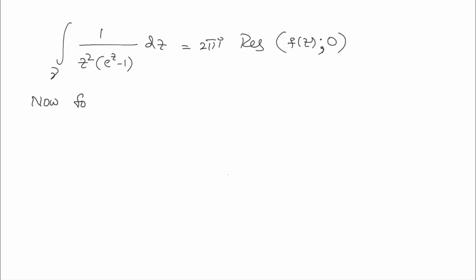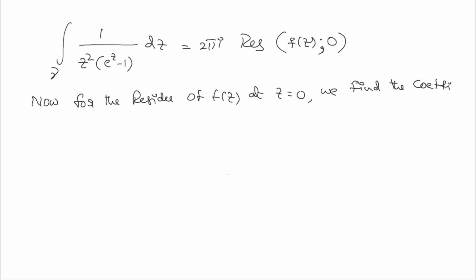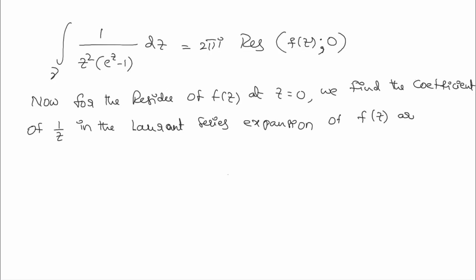So now for the residue of f of z at z equal to 0, we find the coefficient of 1 divided by z in the Laurent series expansion of f of z around z equal to 0.